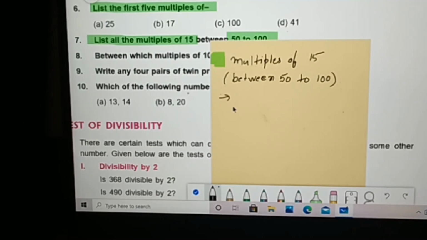So we write 15 4s are 60, 15 5s are 75, 15 6s are 90. After that, 15 sevens are 105, which is greater than 100. So only these three numbers come between 50 and 100.